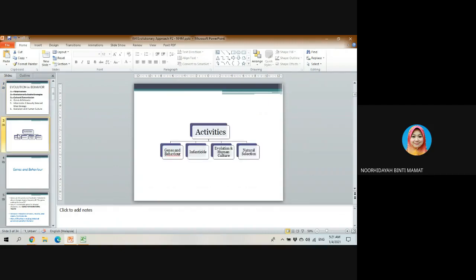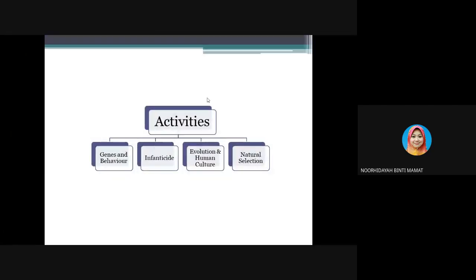Besides the three classifications of evolution in behavior, we also will study a little bit about natural selection.